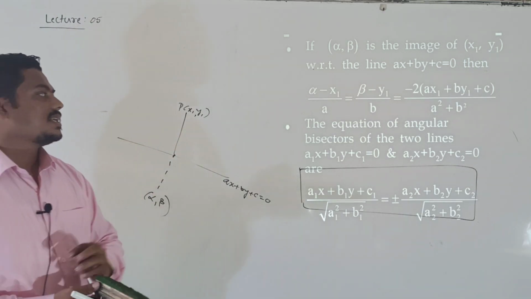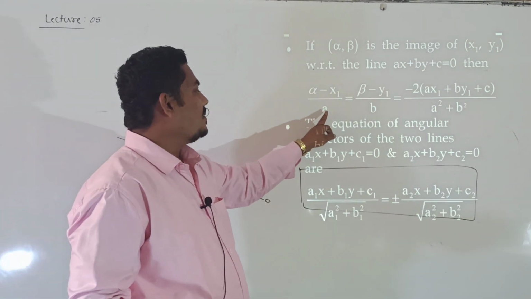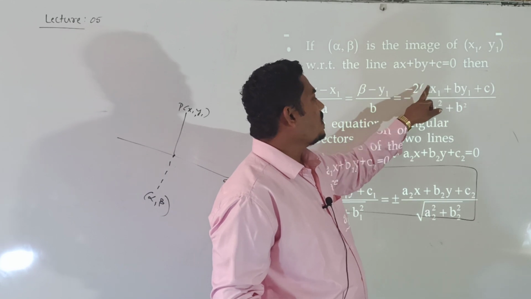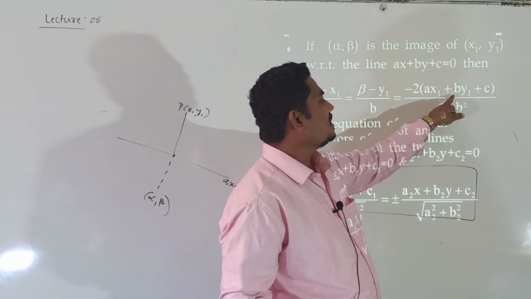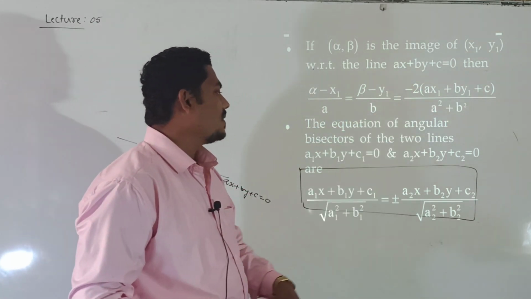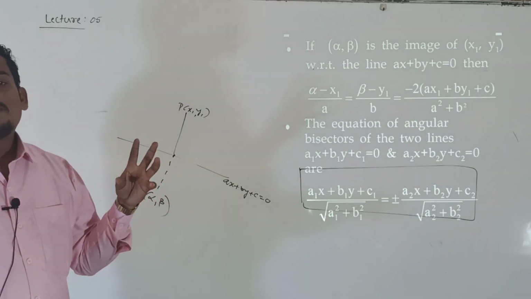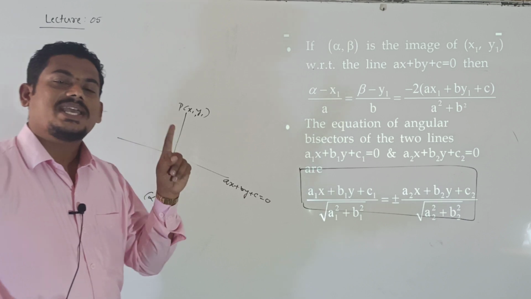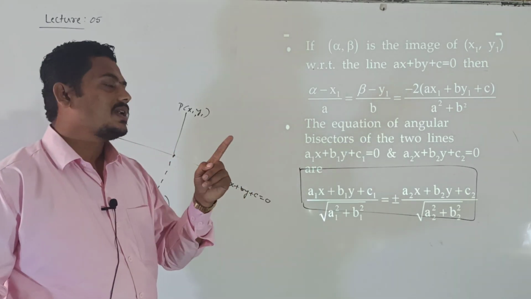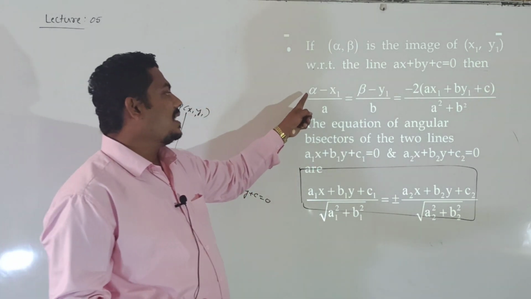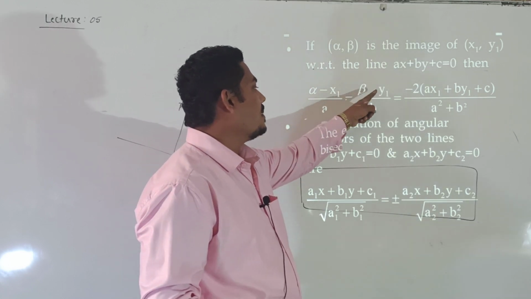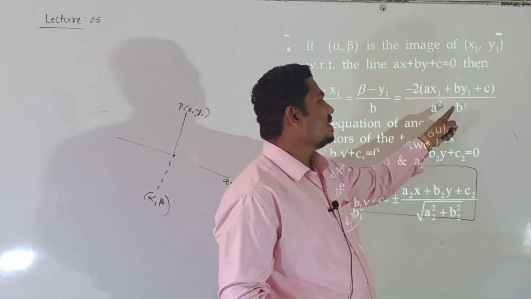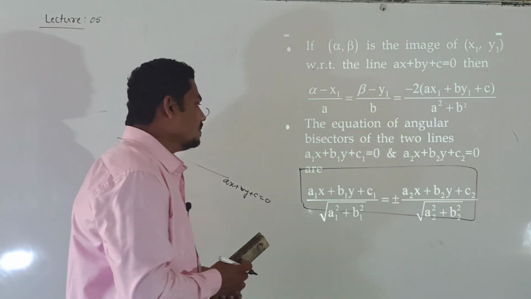Then the condition is alpha minus x1 divided by a, equal to beta minus y1 divided by b, equal to minus 2 times ax1 plus by1 plus c divided by a square plus b square. If alpha, beta is the image of x1, y1 with respect to ax plus by plus c equal to 0, then the condition is alpha minus x1 divided by a, beta minus y1 divided by b, equal to minus 2 times ax1 plus by1 plus c divided by a square plus b square.